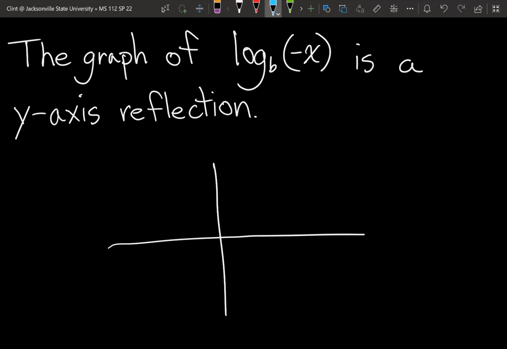What does that look like if we switch left and right? We're still going to have a vertical asymptote at the y-axis, but if we switch left and right, that's something that looks like that.